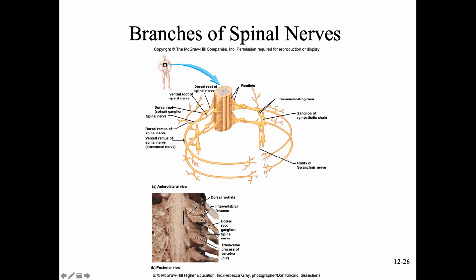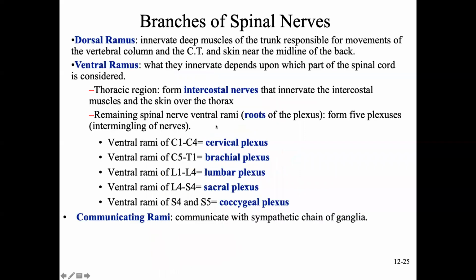The ventral rami is what's really important here. The ventral rami here in the thoracic region turn into our intercostal nerves, right? That's not what's important. What's important is a couple things. Number one, in areas where we don't have ribs, there's more room, right?